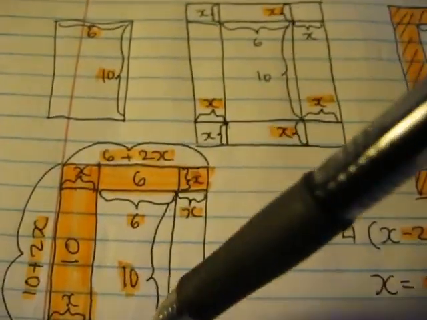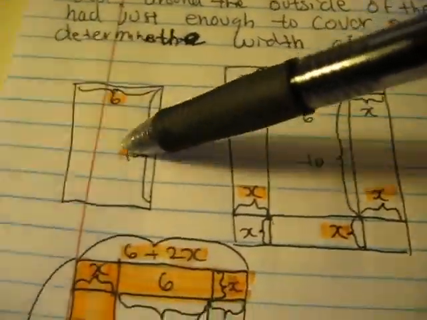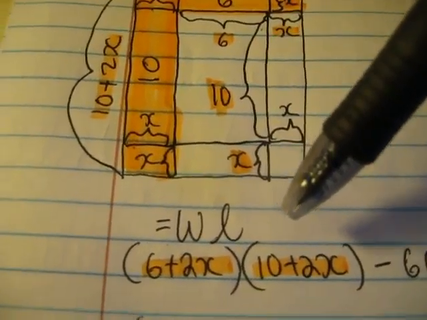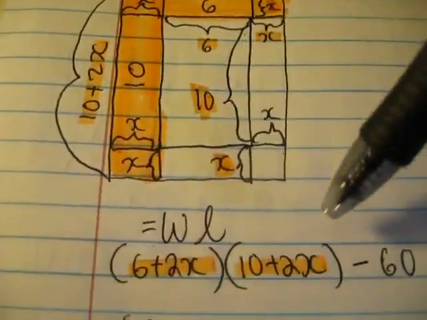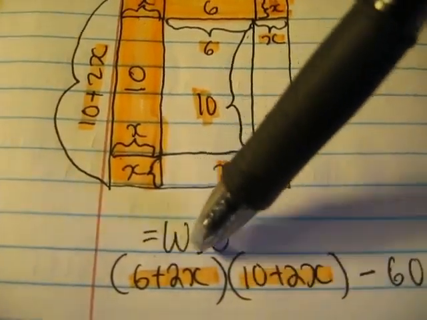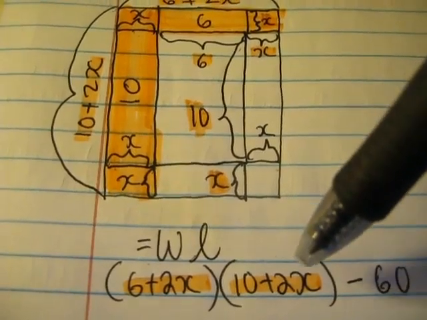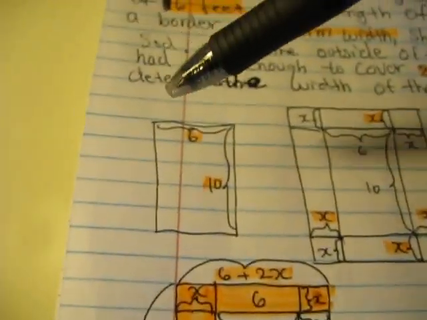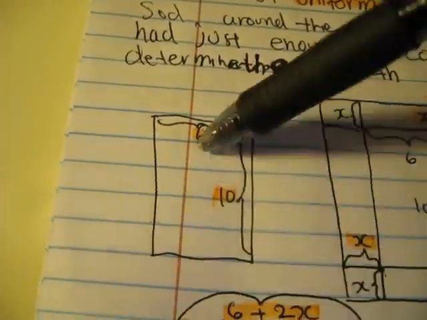To put all this into an equation, first of all, we could represent the total area by 6 plus 2x times 10 plus 2x, and we minus 60. 60 is just the garden area.